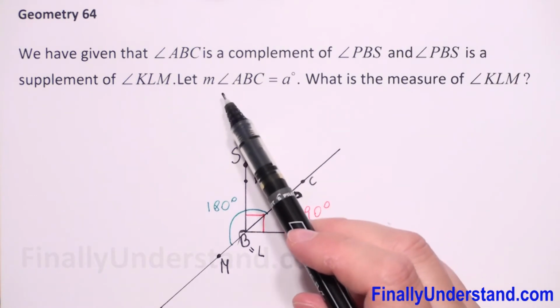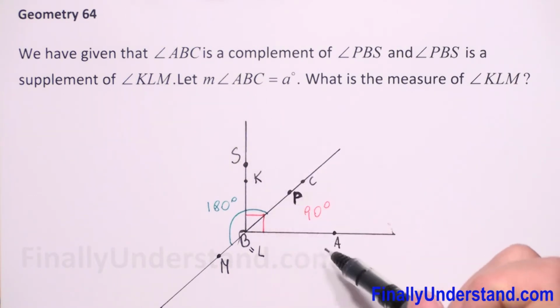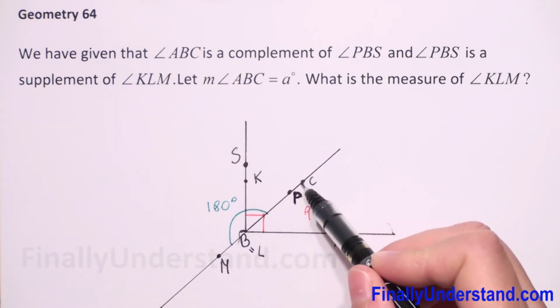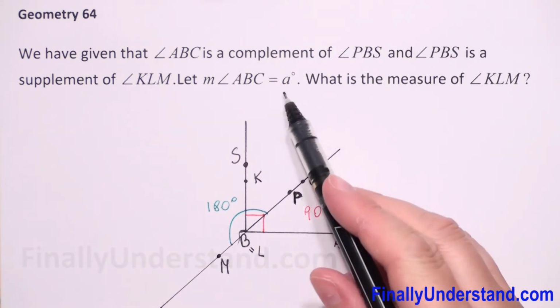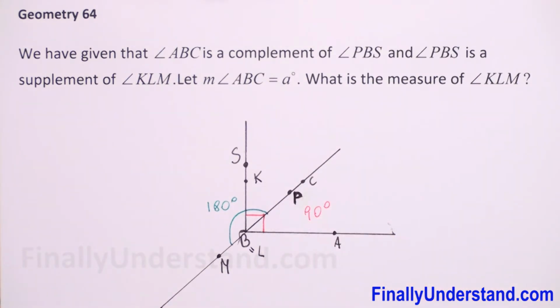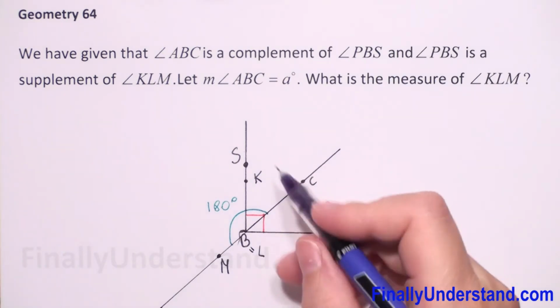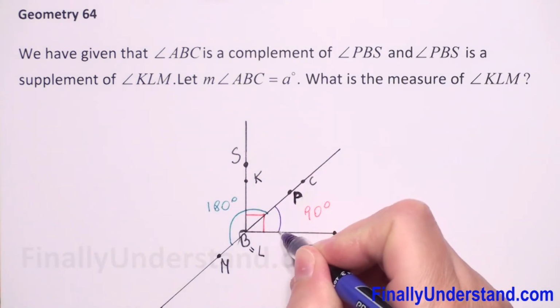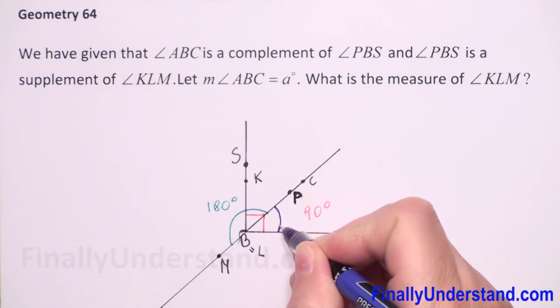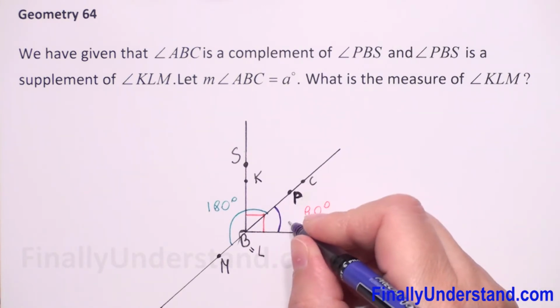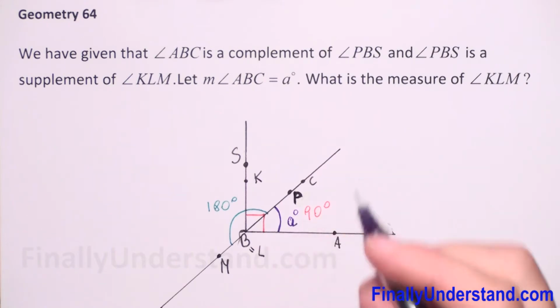What else do we have here? We have that the measure of angle ABC is 8 degrees. So let's put that this is our 8 degrees.